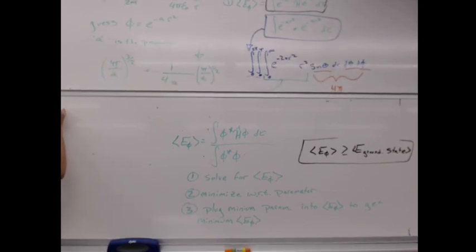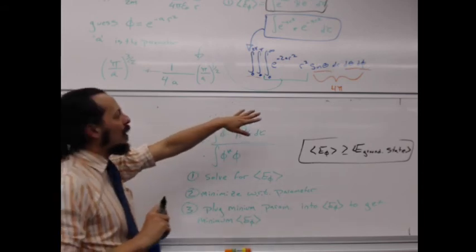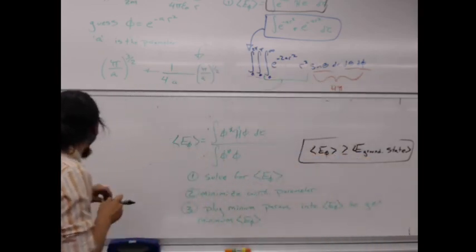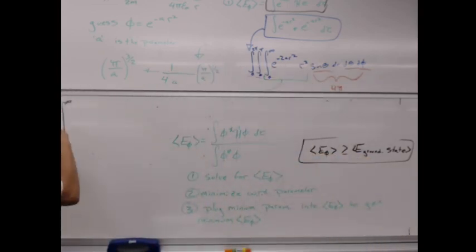So I'm going to have, again, another triple integral. Because there's no angular part in my guess function, the sine theta dtheta dphi is just going to give me a 4 pi. I can just shuffle that part away.